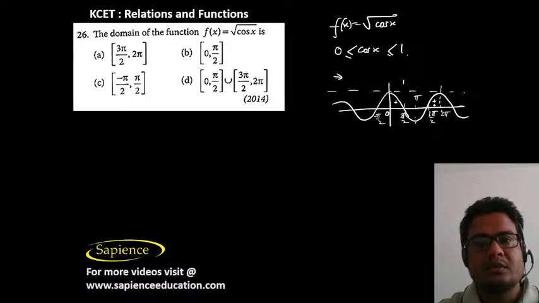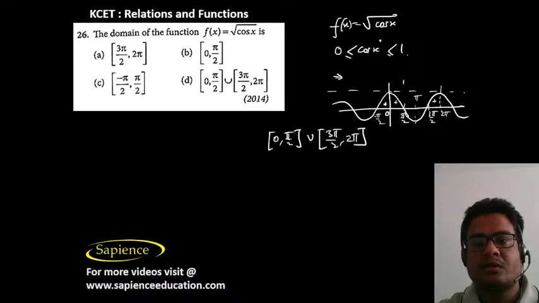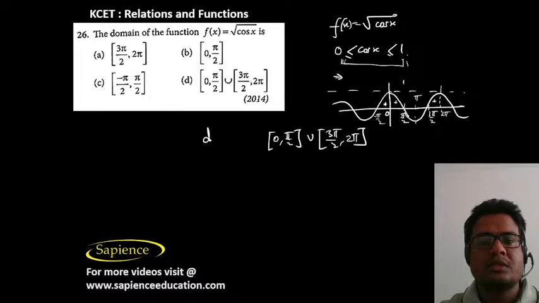Minus pi by 2 to 0, it is having positive value. So it means we should take 0 to pi by 2 and 3 pi by 2 to 2 pi, since in this range cos x is having positive value. Option D is the correct answer.